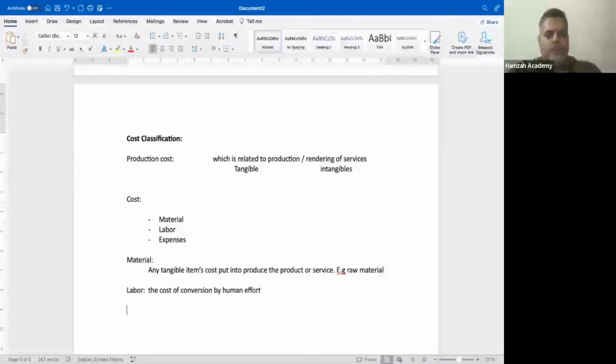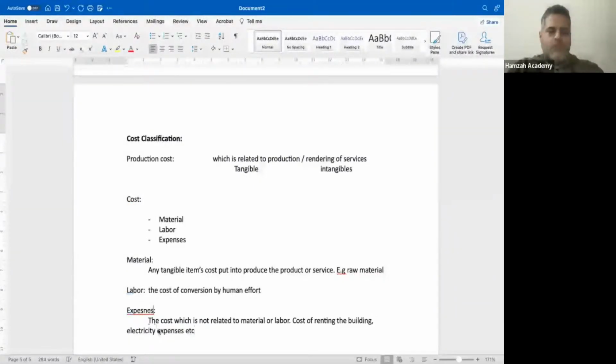And then we have the expenses, and the expenses are the cost which is not related to material or labor. Cost of renting the building, electricity expenses, etc. They are going to be in the form of expense.